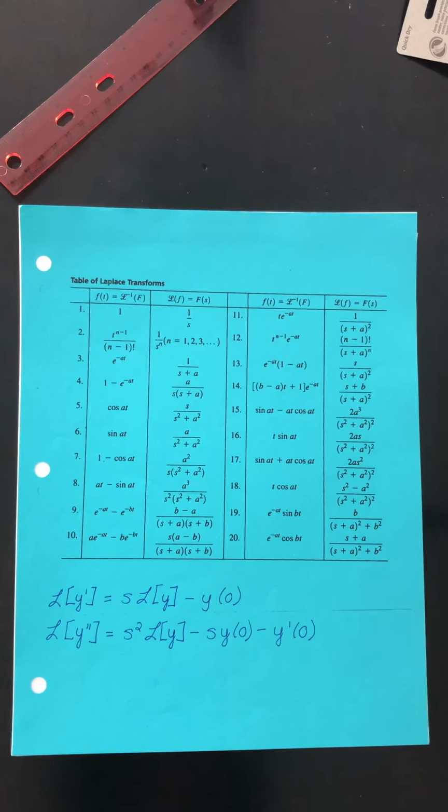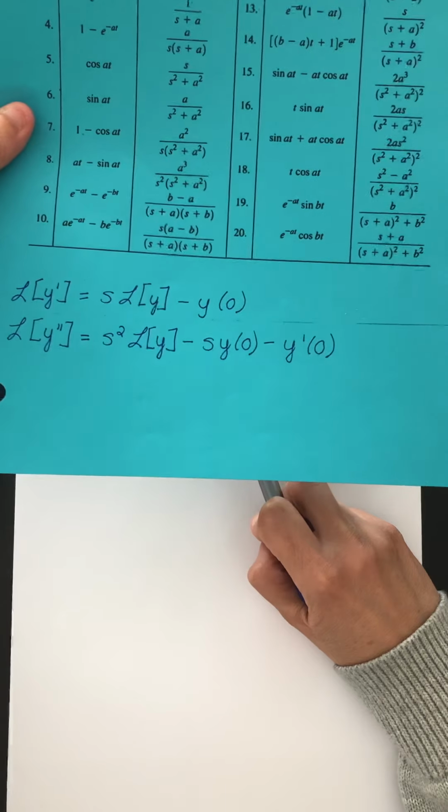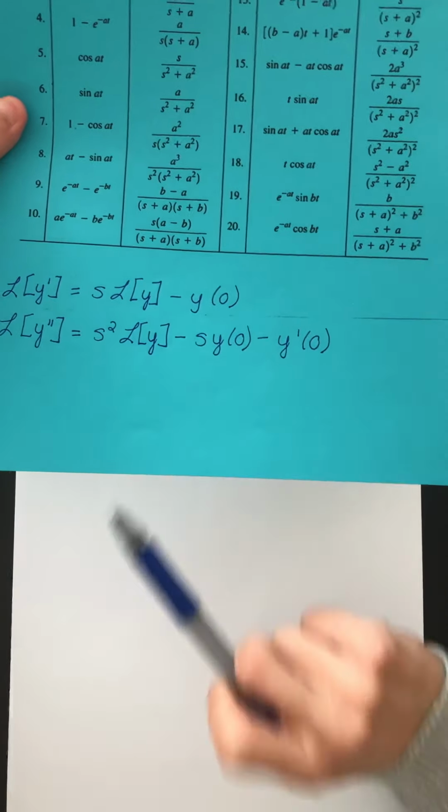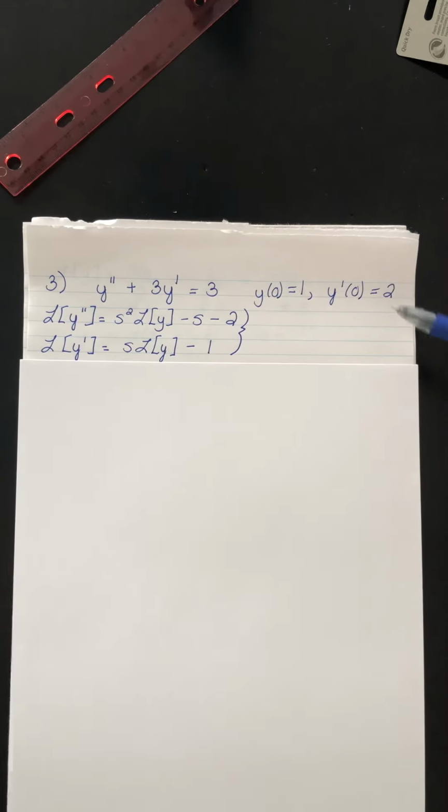The transform of y double prime, the transform of y prime. So again, that's the two formulas that I had here at the bottom of the transform table, but with numbers substituted here as given in the problem.